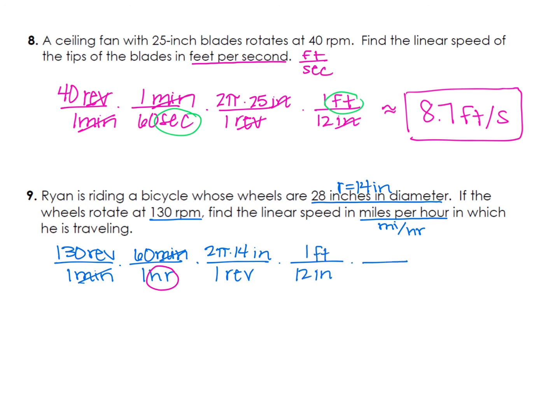And finally, feet to miles, there were 5,280 feet in 1 mile. So we ended up in miles per hour. And making sure when you type that in your calculator that we know how to type it in, so it tells us we end up with 10.8 miles per hour.